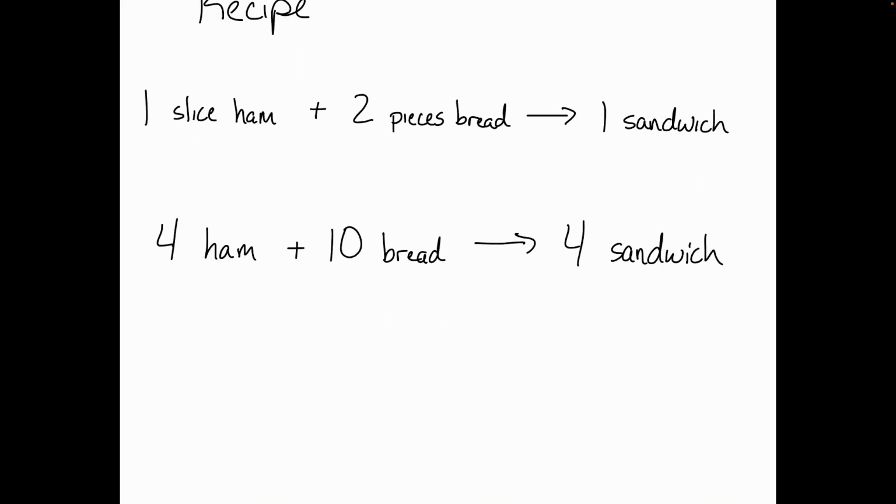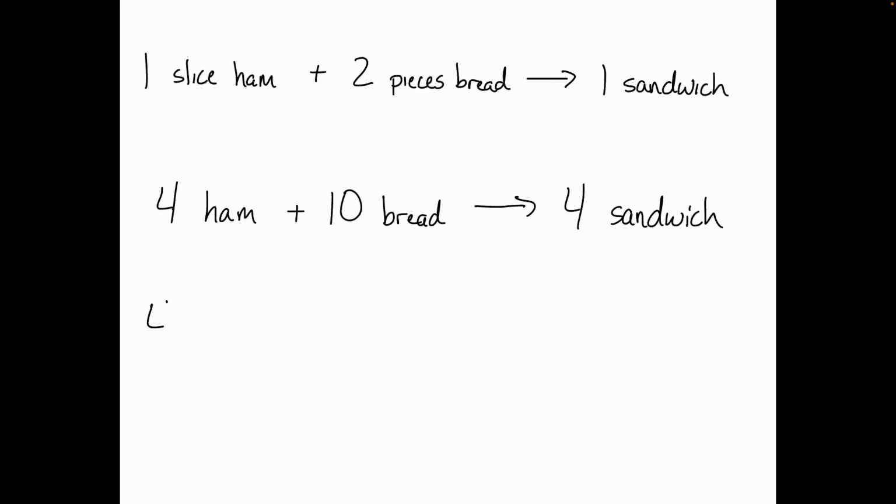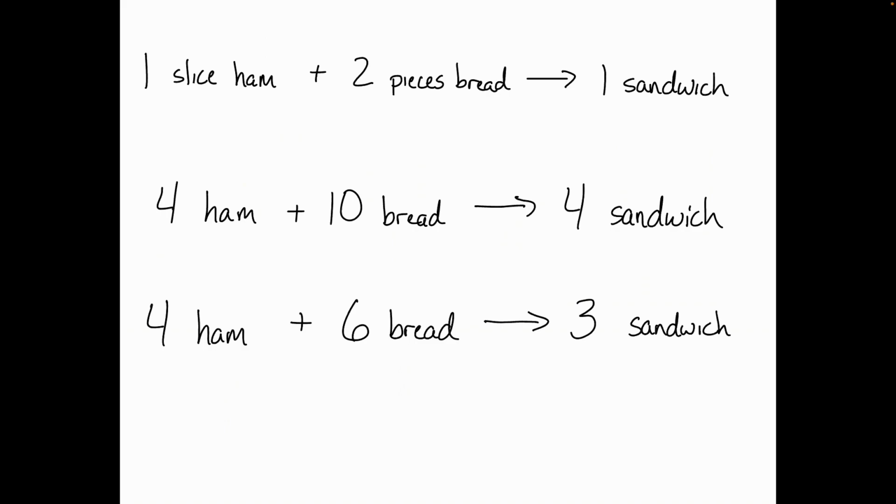Okay? So what if I had 4 slices of ham and 6 slices of bread? How many sandwiches can I make? I can only make 3 sandwiches. Even though I have more bread than I have ham, in my sandwich recipe I have to use 2 slices of bread for every 1 slice of ham.